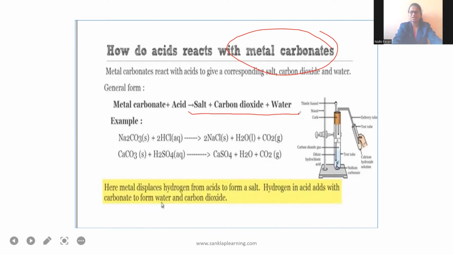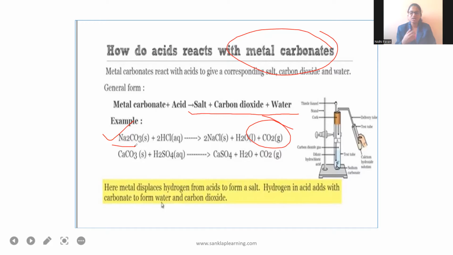Now you will ask me how we will know that the gas released is carbon dioxide. For that, we consider a test tube. Let us take sodium carbonate in a test tube. Sodium carbonate is a metal carbonate. When we add hydrochloric acid to it, you will get effervescence.